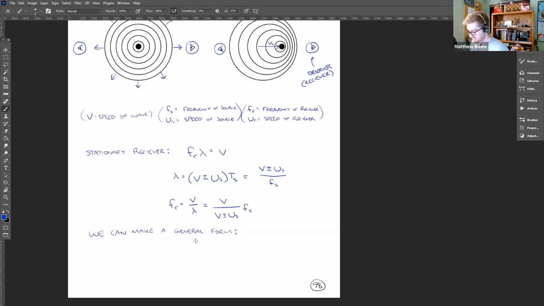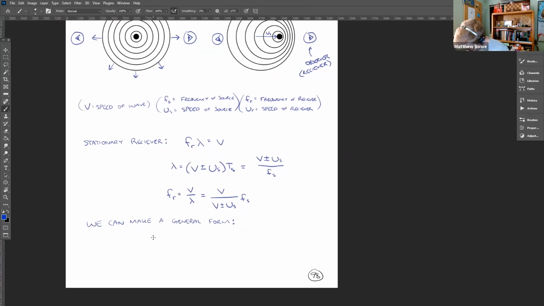And we'll say that for this receiver, maybe the receiver itself is moving. Well, then the frequency of the receiver is the velocity of the wave plus or minus the velocity of this receiver, now that it's moving, over the wavelength.